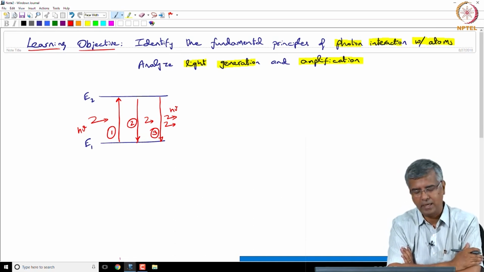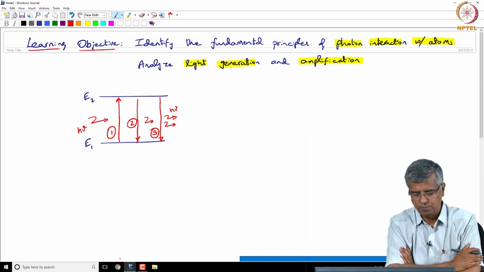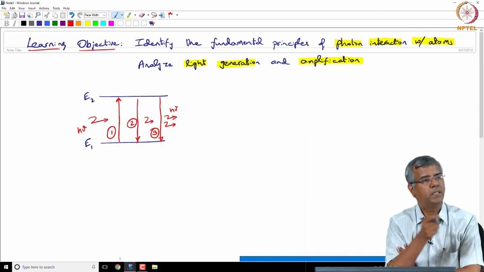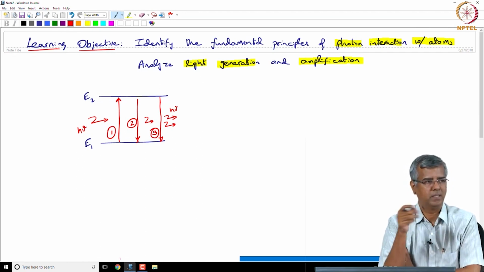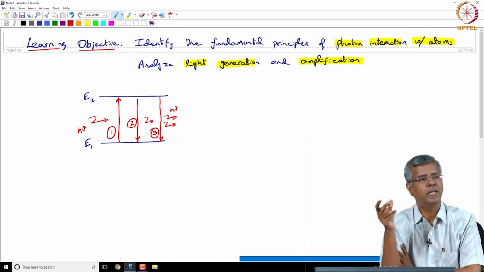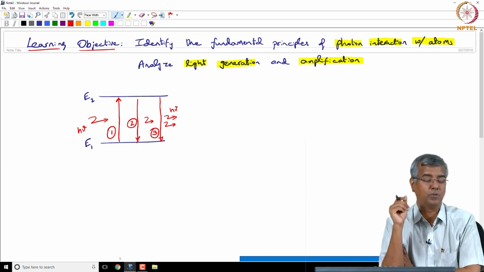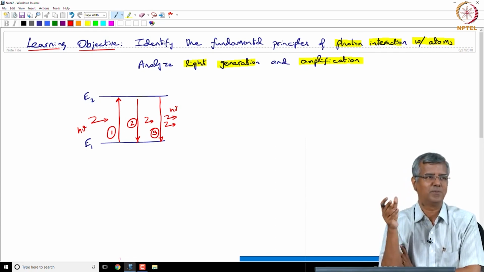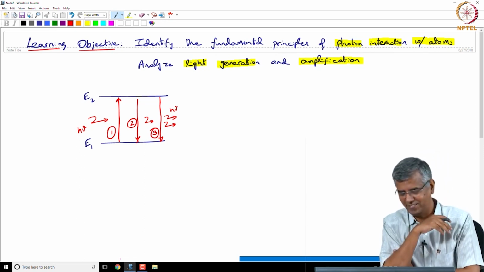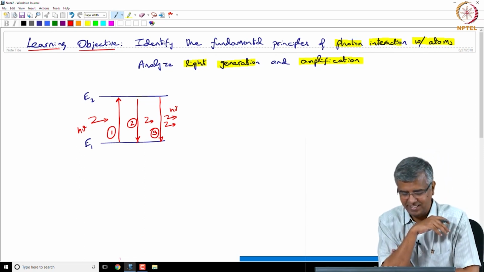Stimulated emission, on the other hand, happens the moment that photon comes by. Immediately, if the other energy considerations are satisfied, it emits a photon. So stimulated emission is in some ways more spontaneous than spontaneous emission, if you can handle that.